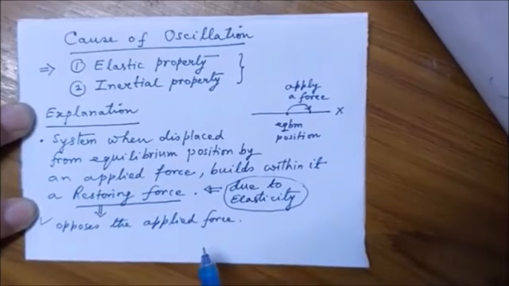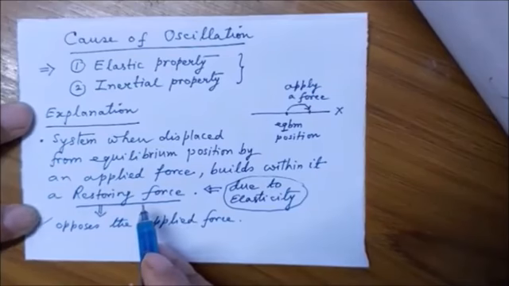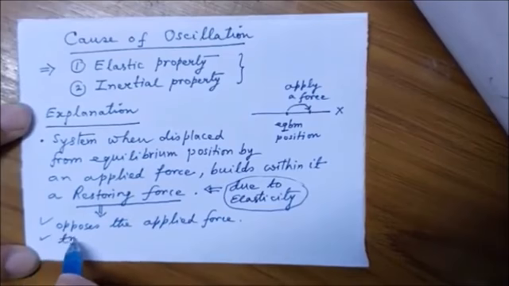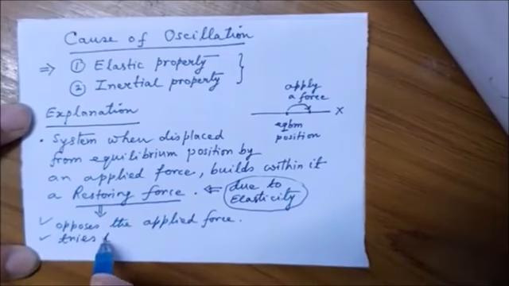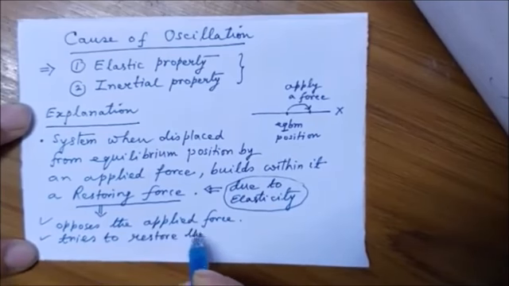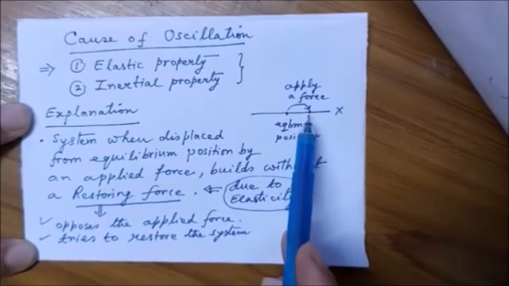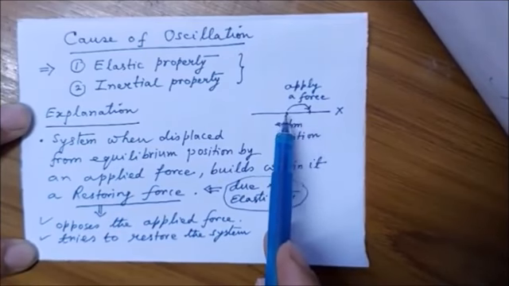Of course, up to a certain limit. If the applied force is infinite, then of course the system has to yield to it, has to obey what the applied force says. But within elastic limit, the applied force is balanced by the restoring force. The restoring force tries to restore the system. That is, the restoring force tries to bring the system back from its displaced position to the equilibrium position.